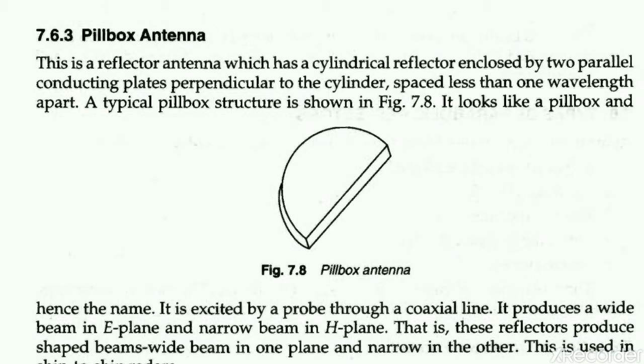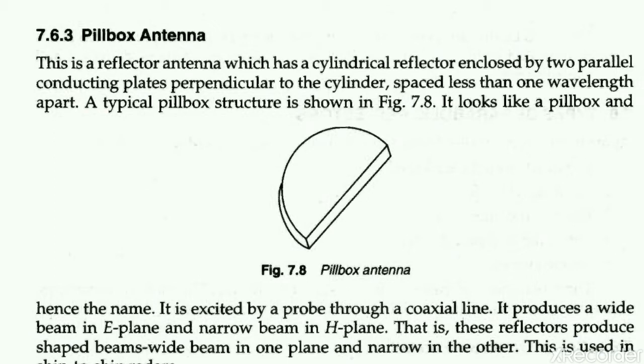So its orientation of beam is the same as the last type of antenna, that is the paraboloid reflector. The pillbox antenna also provides the beam in the vertical plane, or electric field plane, the E plane, and it has a narrow beam in the H plane.